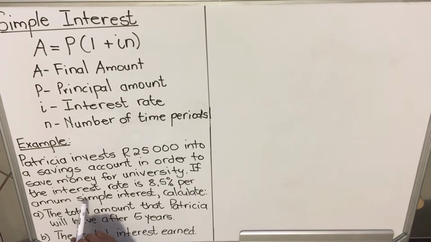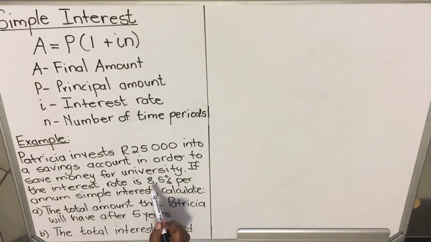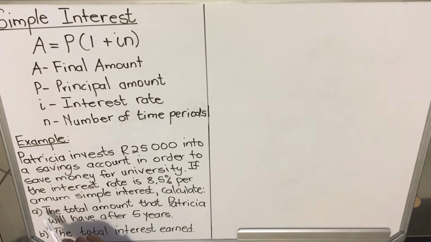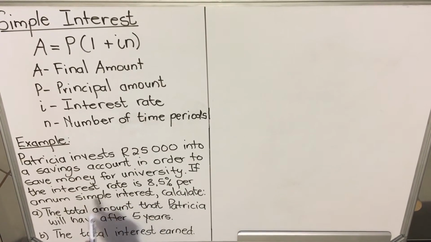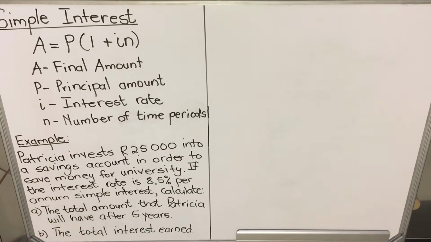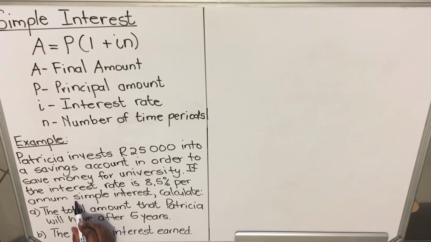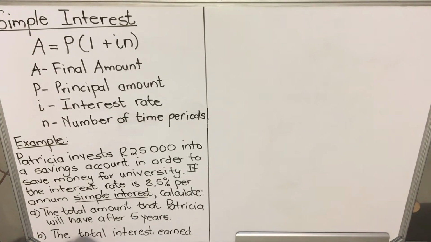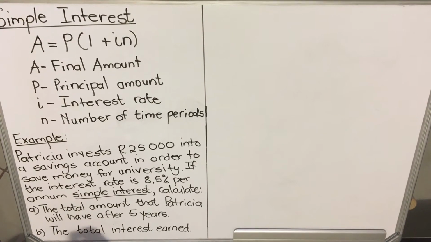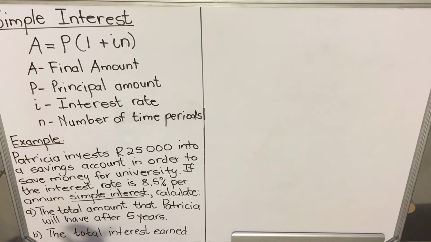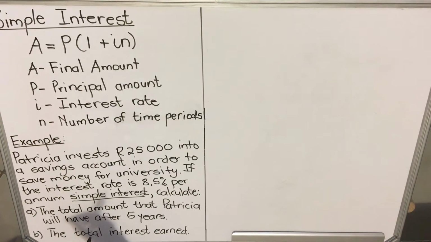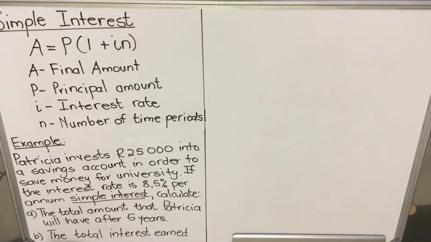If the interest rate is 8.5% annually, simple interest, calculate. So we're going to calculate two things. You have to look for the words simple interest or compound interest. When it says simple interest, you use this formula. When it says compound interest, you use the formula of the example that I'll show you next.